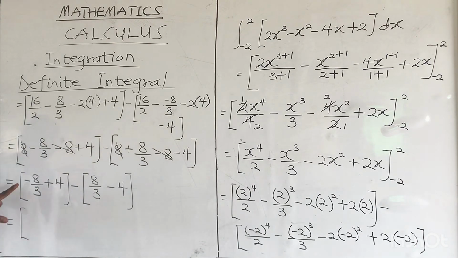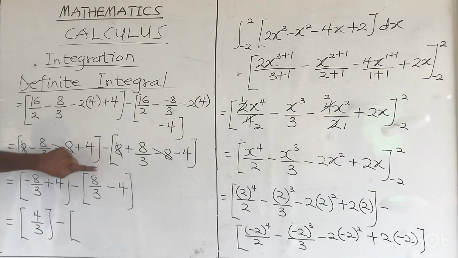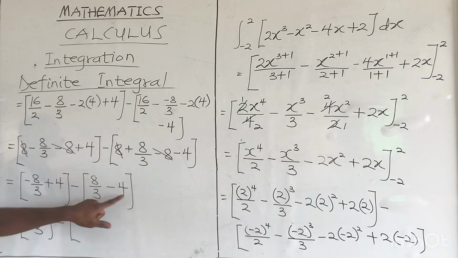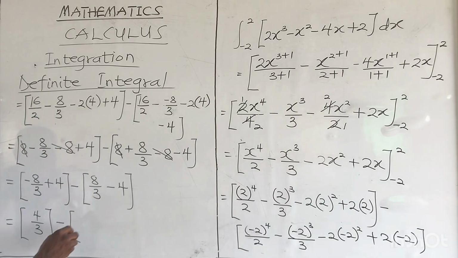Now, negative 8 over 3 plus 4, we are going to get positive 4 over 3, minus, then 8 over 3 minus 4, we are going to get negative 4 over 3. So I'm going to continue from here.